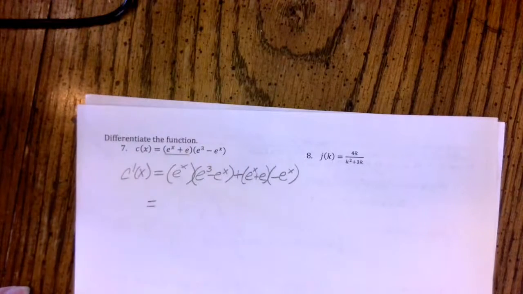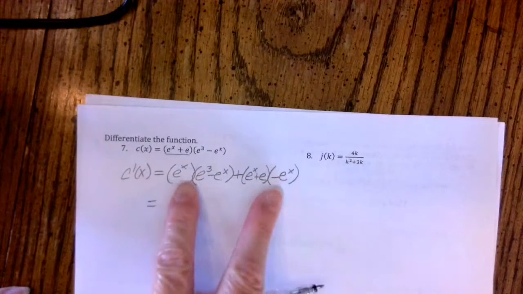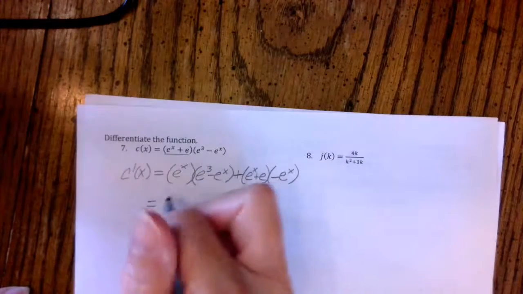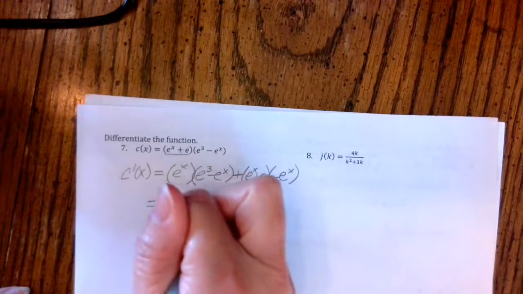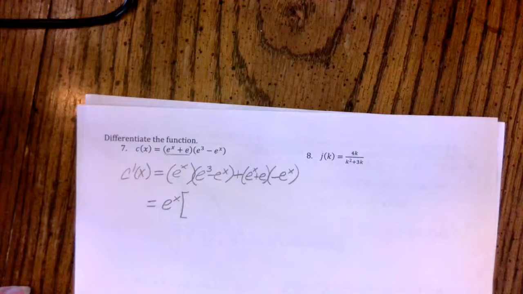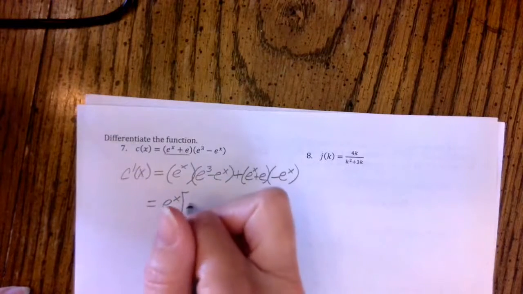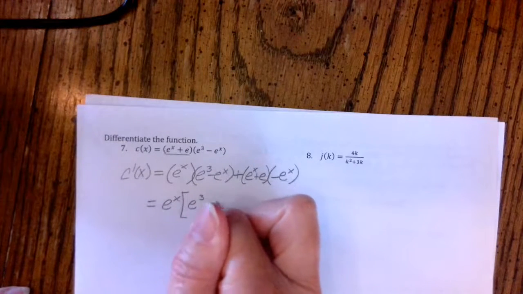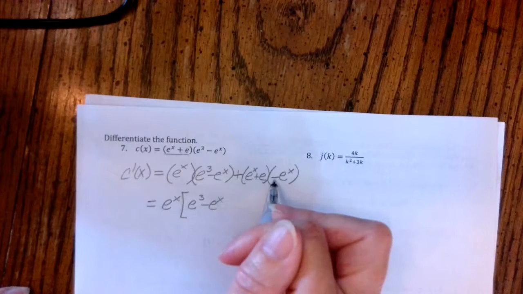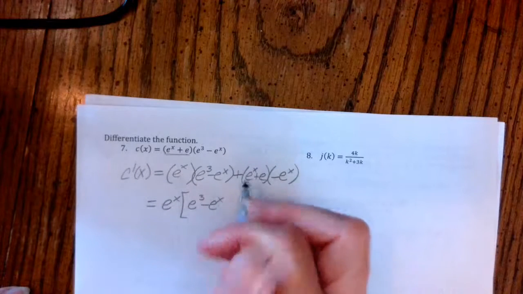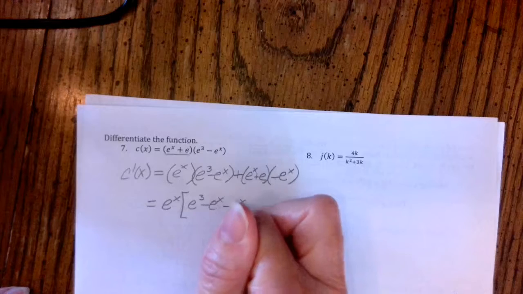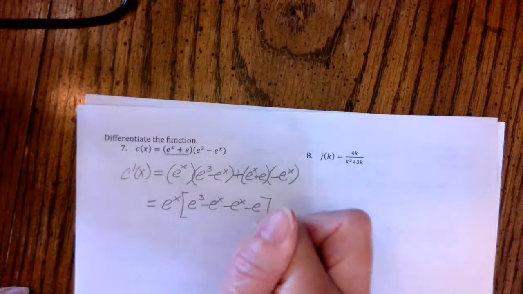For simplifying purposes, they're both being multiplied by an e to the x. So I could say e to the x times whoever's left. I have e to the third minus e to the x, and then I'm going to put the negative sign with both of these terms, minus e to the x minus e.